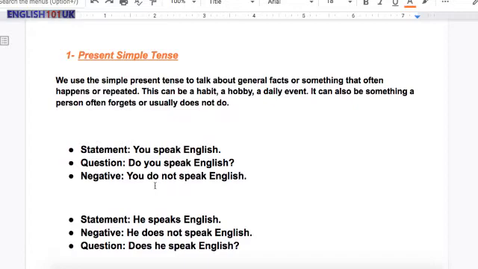As we know, we use the simple present tense to talk about general facts or something that often happens or repeated. This can be a habit, a hobby, a daily event. It can also be something a person often forgets or usually does not do.